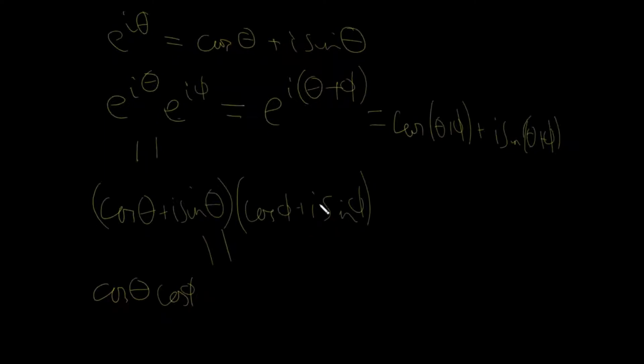Both have a factor of I, so the i's multiply to give minus 1, because I squared is minus 1, remember, so that will give us minus sine theta sine phi, and we can group these terms together because they are all real terms that don't have any imaginary factors in them. Now we can look at the other two terms we missed out.